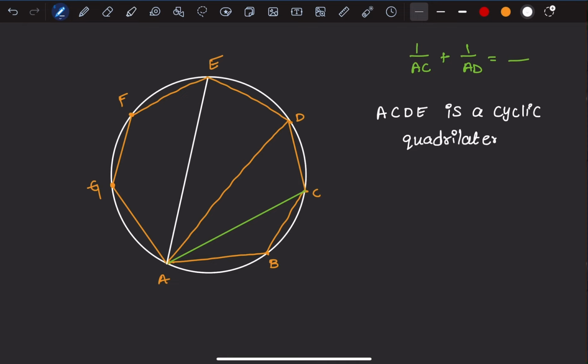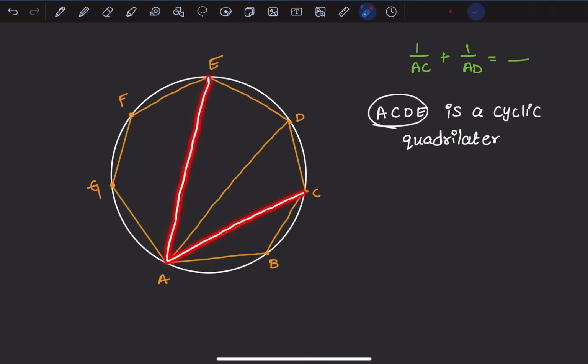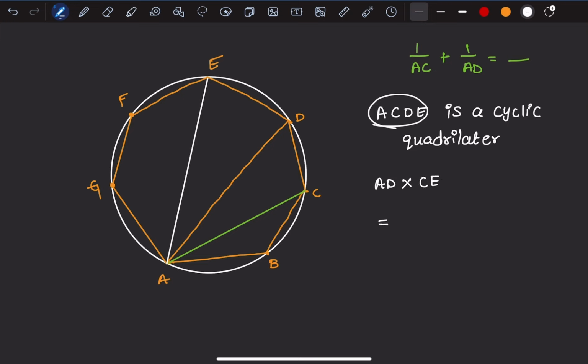Let us apply Ptolemy's theorem to this particular quadrilateral ACDE. What do we get? The product of diagonals, the diagonals being AD multiplied by CE, is equal to the sum of products of opposite sides, DE multiplied by AC plus CD multiplied by AE.